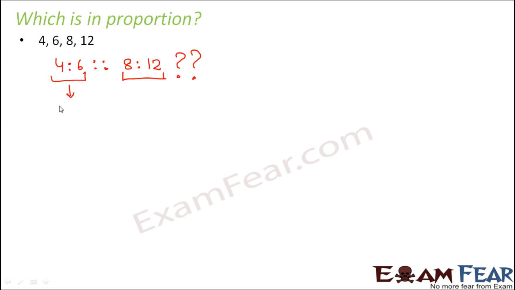So what is 4:6? 4:6 is equal to 4 by 6. Now what is the HCF of 4 and 6? The HCF of 4 and 6 is 2. So divide the numerator and denominator by 2. So you get 2 by 3. Similarly, let's do it for the other ratio, that is 8:12. 8:12 can be written as 8 by 12.